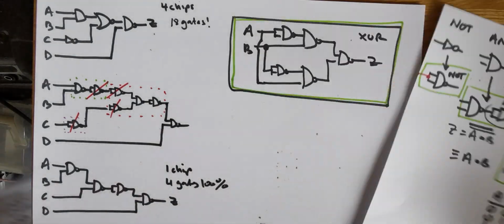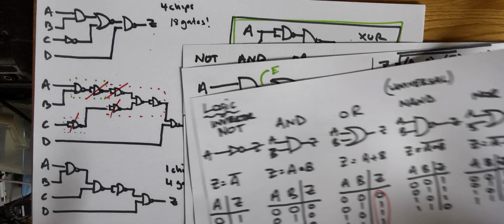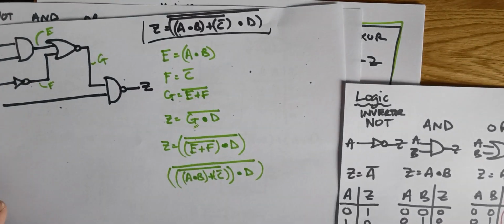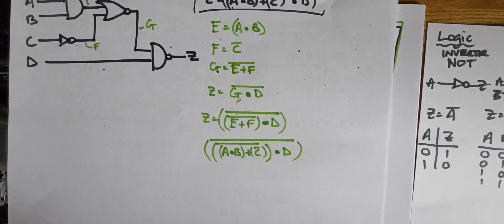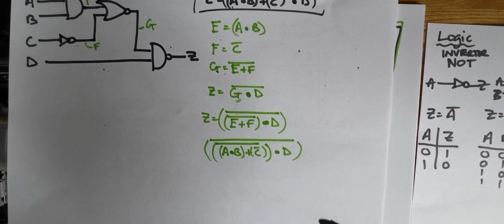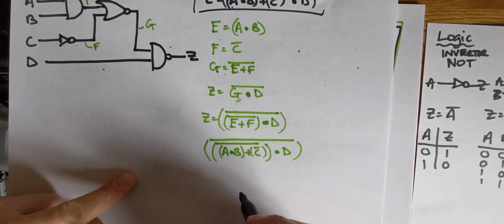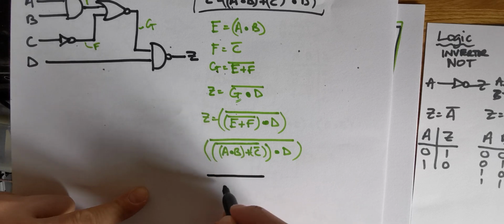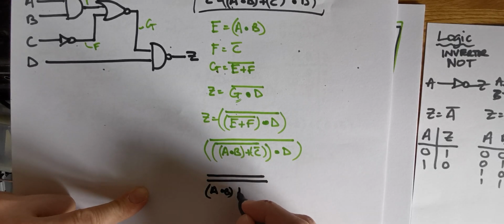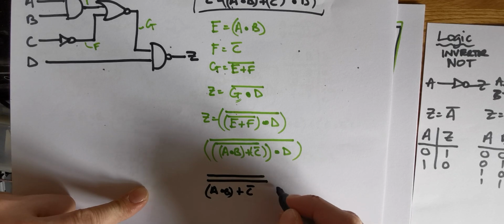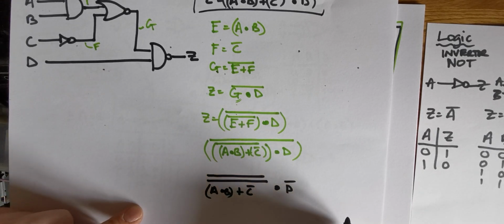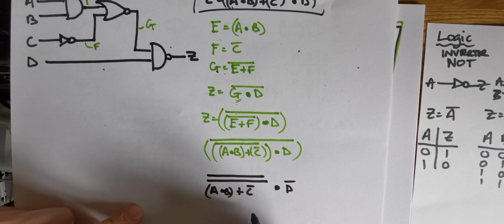I wouldn't go down the road of trying to simplify Boolean expressions. People will make mistakes and it's not a skill that you need to have. Like down here, I did talk about it back in the day where you can break the line and change the sign. So if you wanted to simplify this thing here, you could break that line and that would leave you with that. Which means you could ignore that double inversion, which would leave you with that.